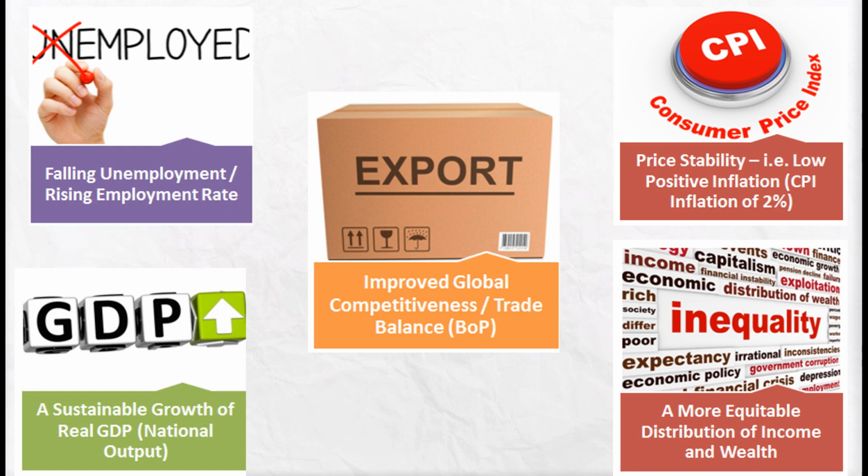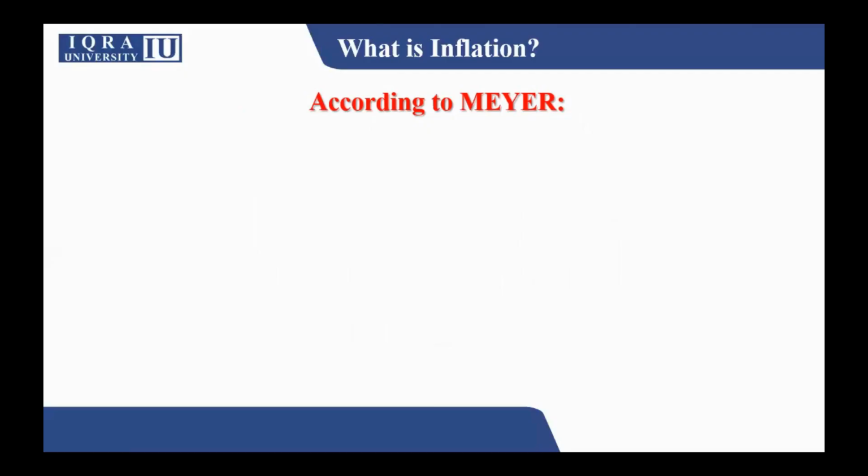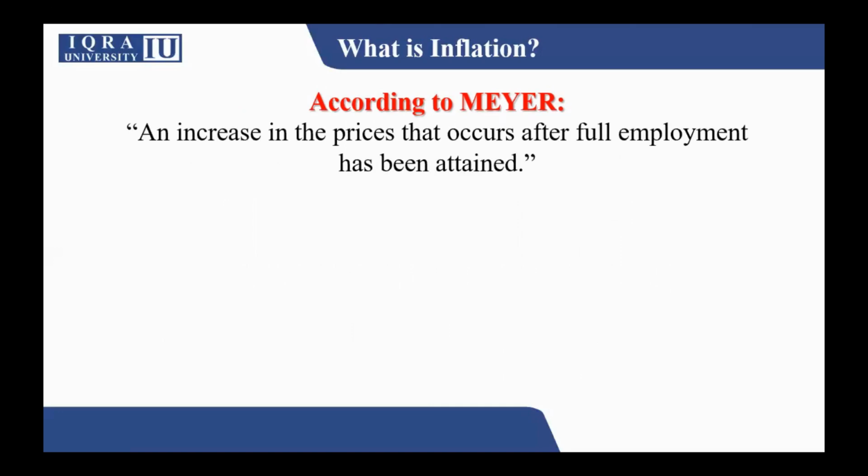There are multiple economists who have given different definitions. According to Mayer, inflation is an increase in prices that occurs after full employment has been attained. So when you have achieved your target of full employment, and the prices start rising, that is known as inflation according to Mayer.